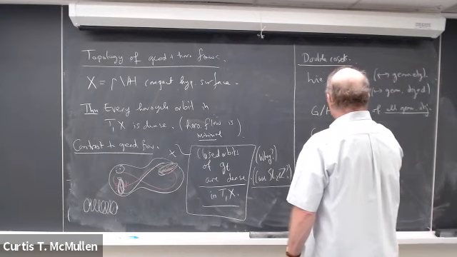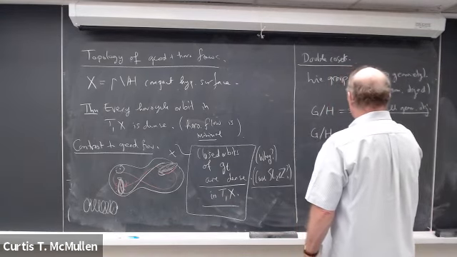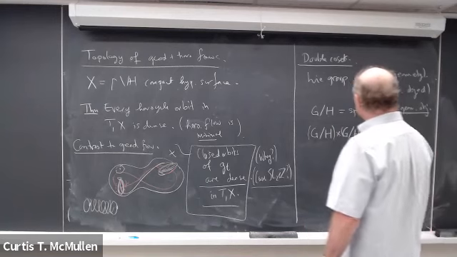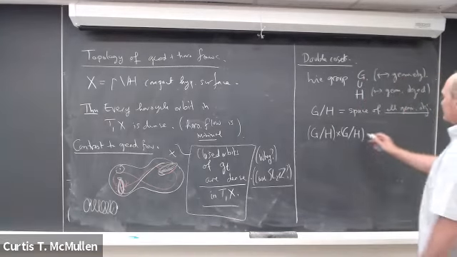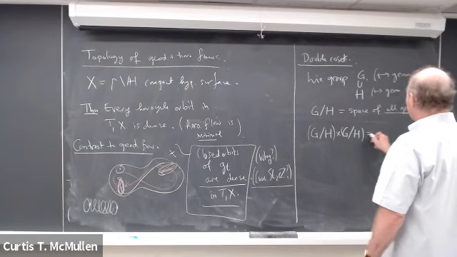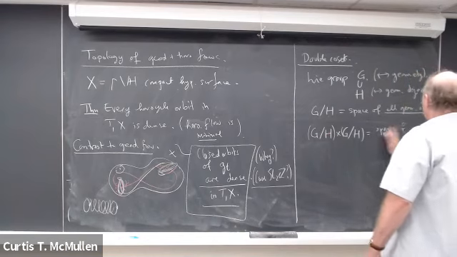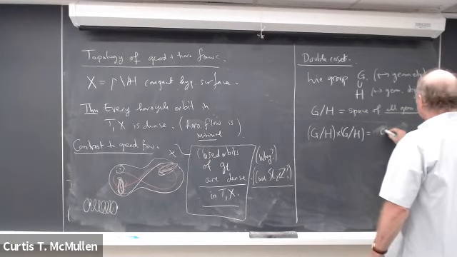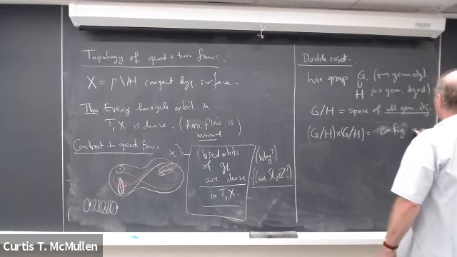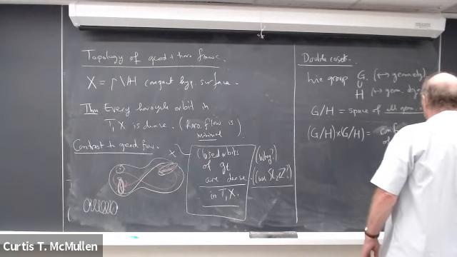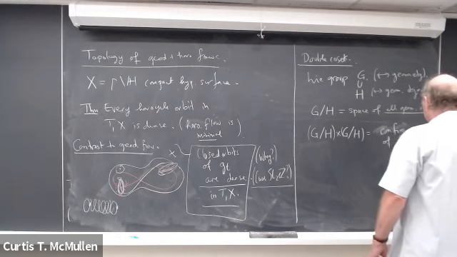So the space of pairs of geometric objects, which I'll call the configuration space, is just the product of two copies of the space. So G mod H cross G mod H is the configuration space of pairs of geometric objects.